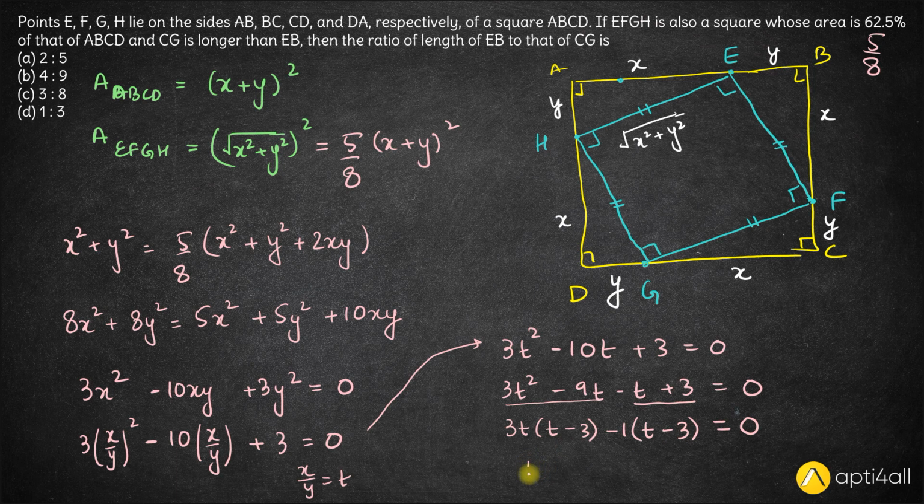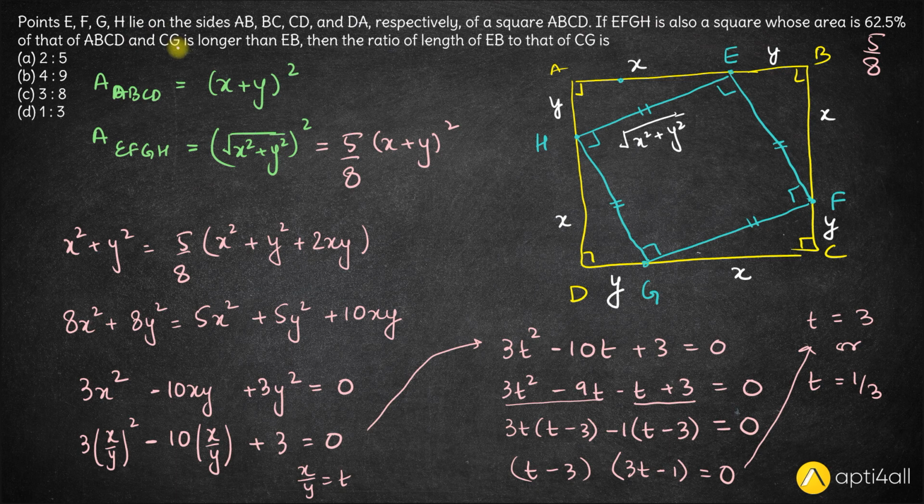Again taking t minus 3 common from both these terms, we'll have t minus 3 into 3t minus 1 is equal to 0. That means either t minus 3 is 0, hence t will be equal to 3, or 3t minus 1 is 0, so t will be equal to 1 by 3.